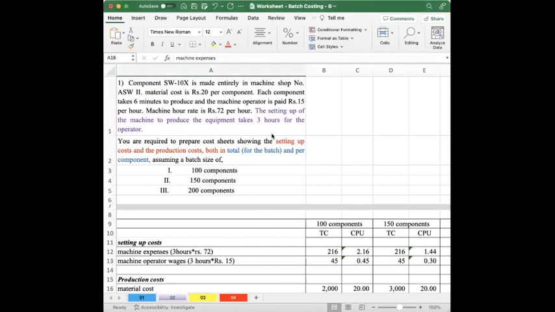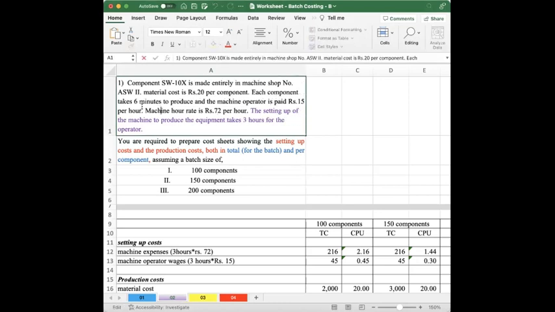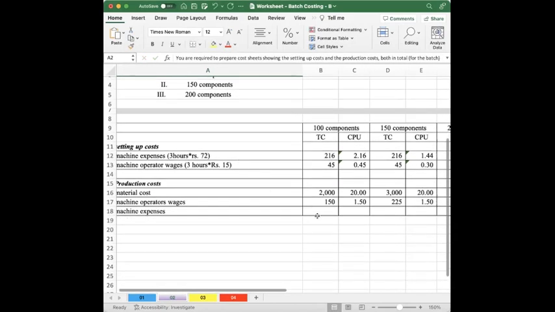Again, we are paying 15, right? Sorry, not 15. 15 is the operator's wage. So wages, we did the computation. Machine hour rate is 72 per hour, right?